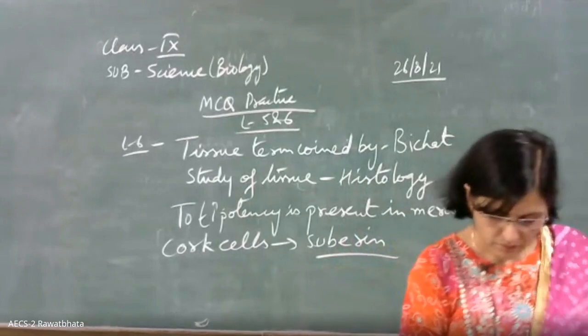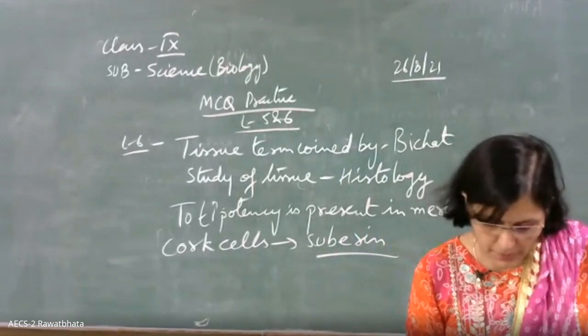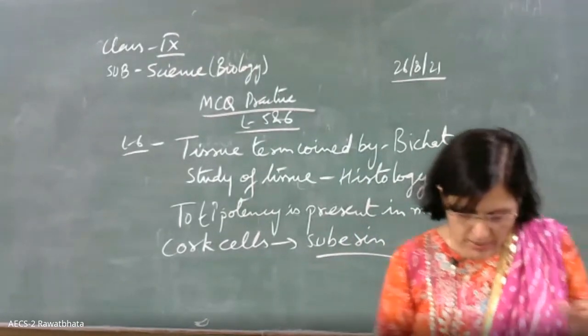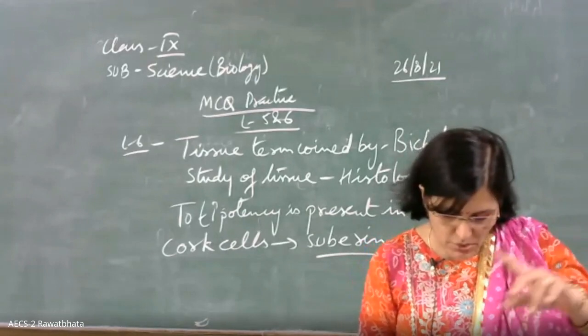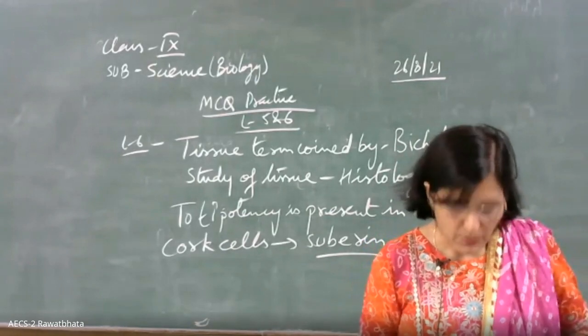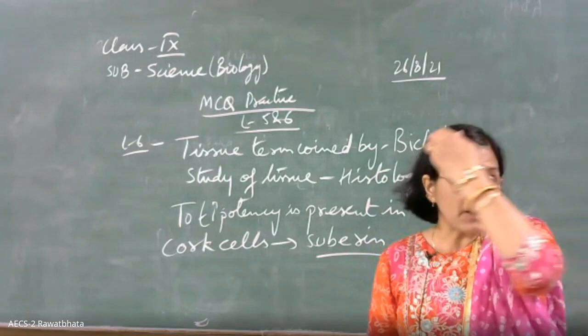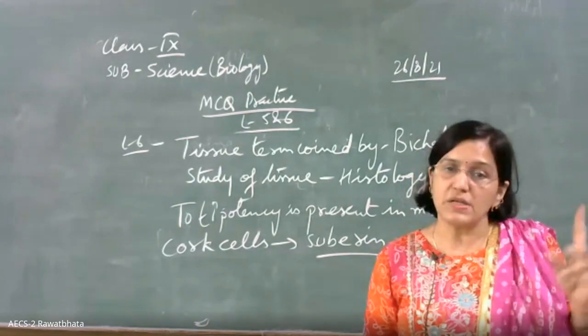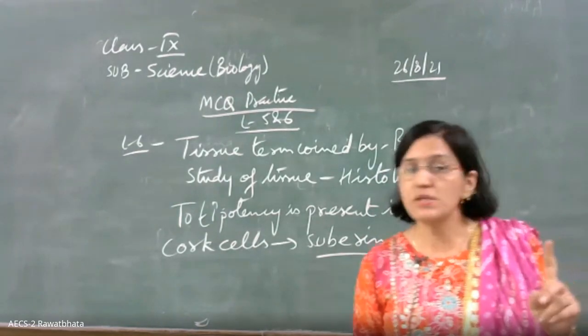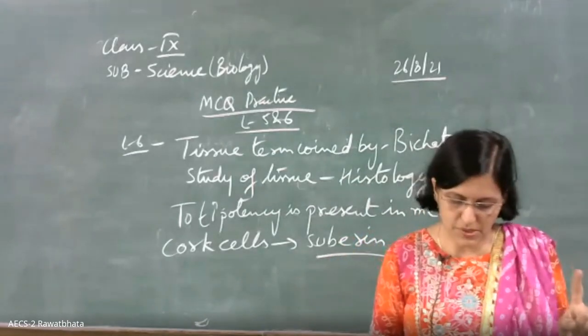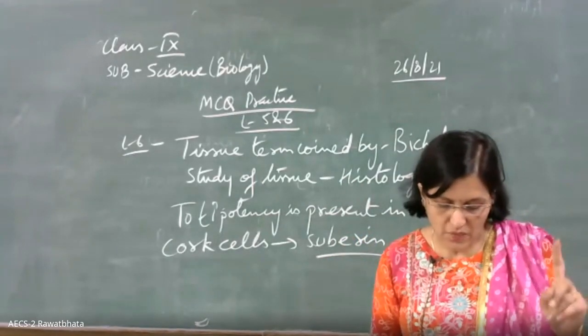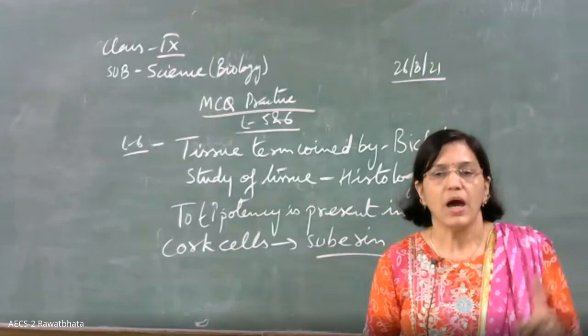Okay. Then a protective non-cellular layer found on the outside of plant organ. Non-cellular. It is not made up of cells, but it is present outside the plant body in some of the cases, not all. The options are epidermis, vascular tissue, cuticle, hypodermis.